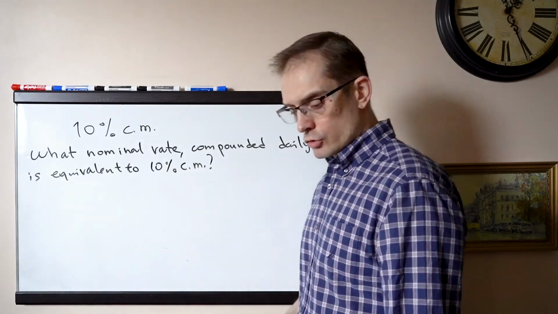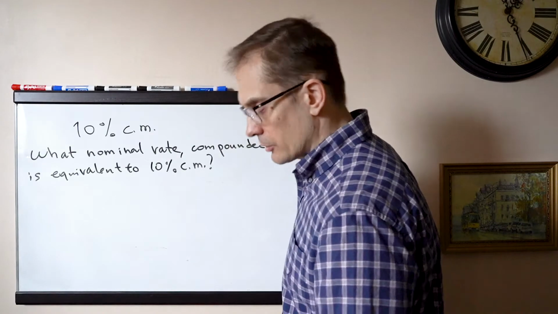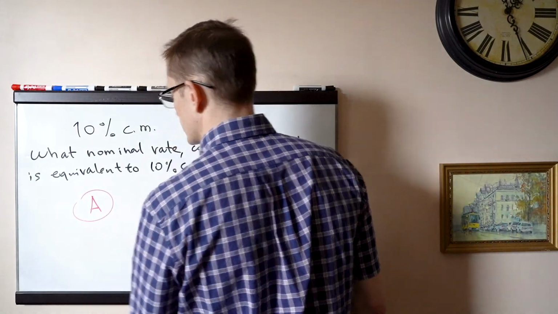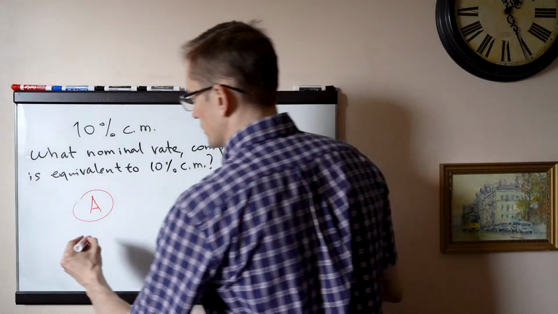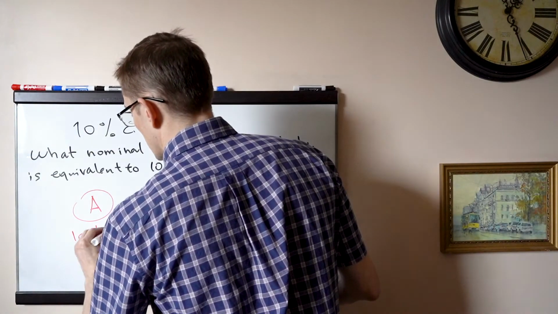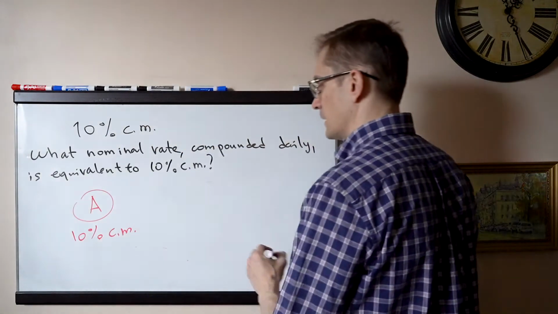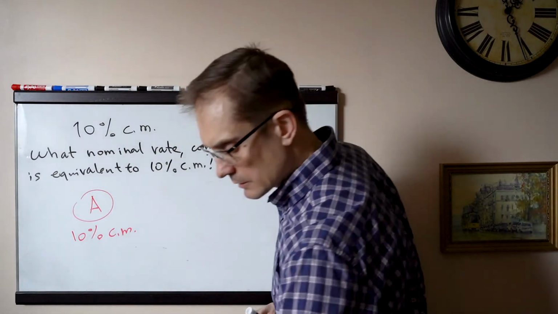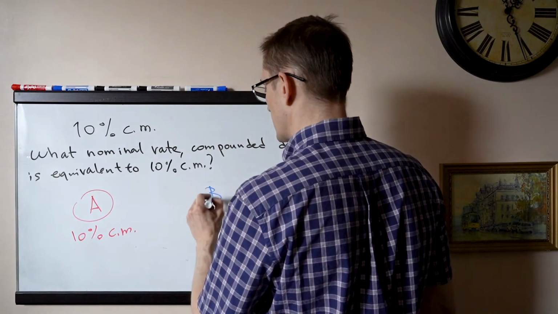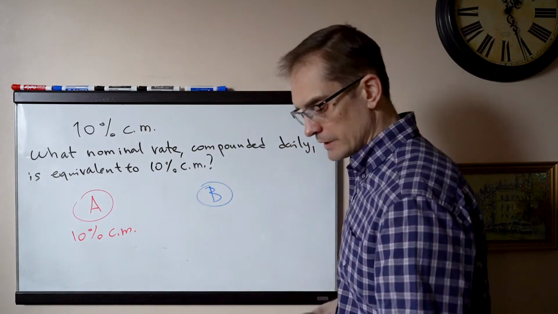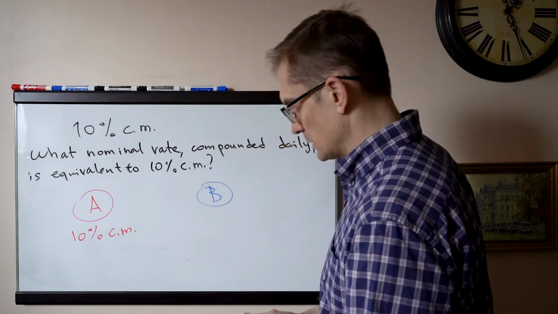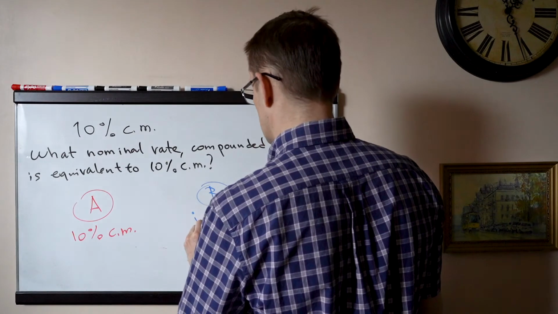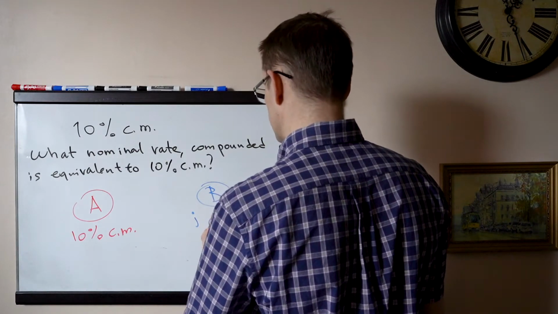Okay? So let's say you have two investment opportunities, right? So first investment opportunity is A. Here you have 10% compounded monthly. And let's say you have some investment opportunity B, where there is some rate J compounded daily.